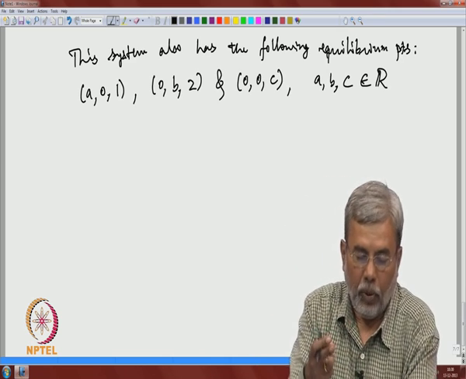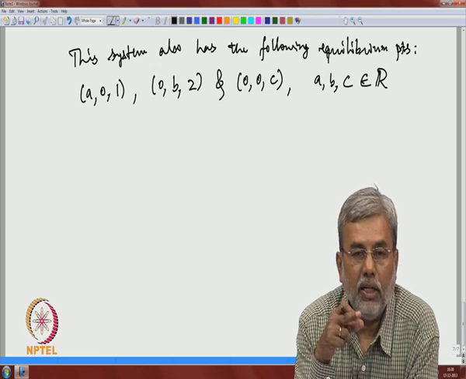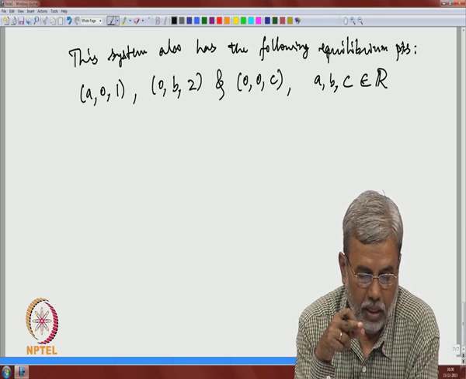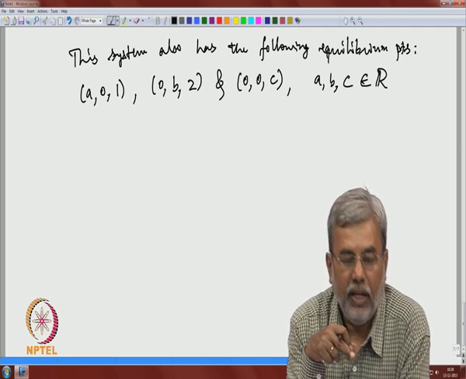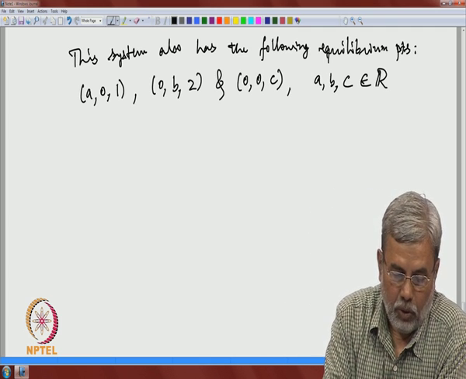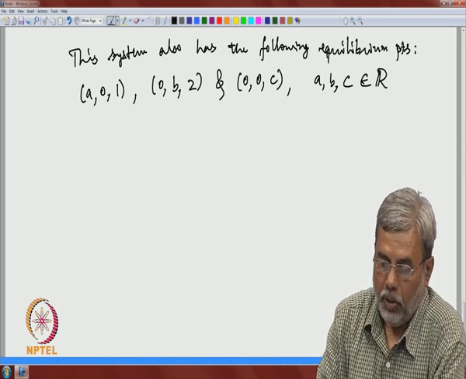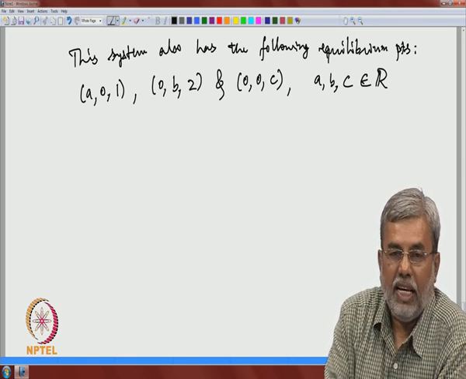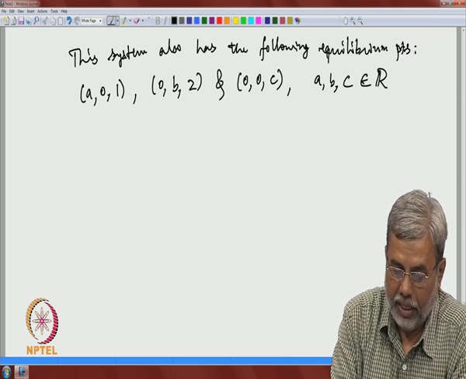So, we have constructed a Lyapunov function at the origin, and you can simply modify the same thing to construct Lyapunov functions for any of these equilibrium points, and you see that.